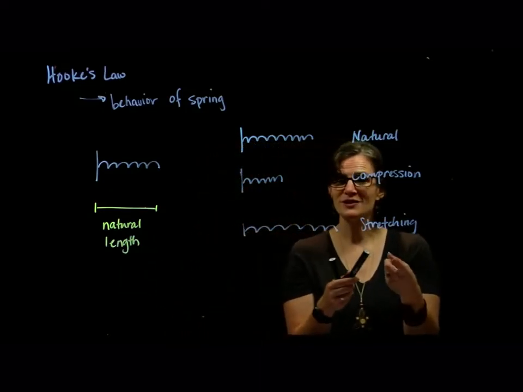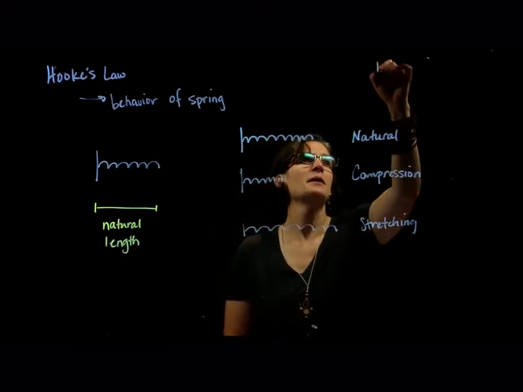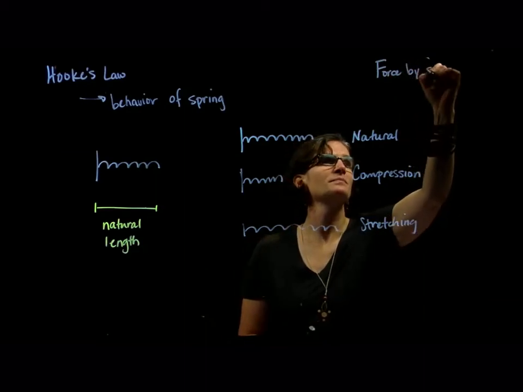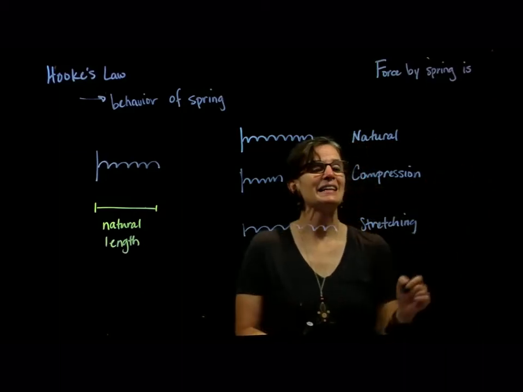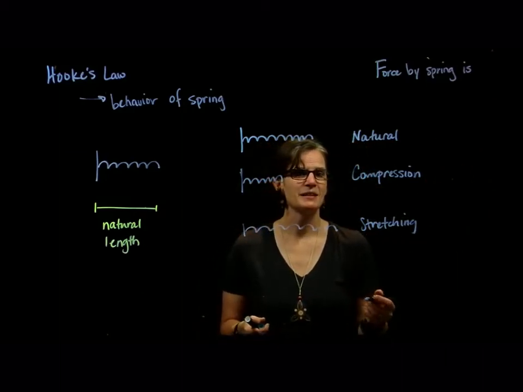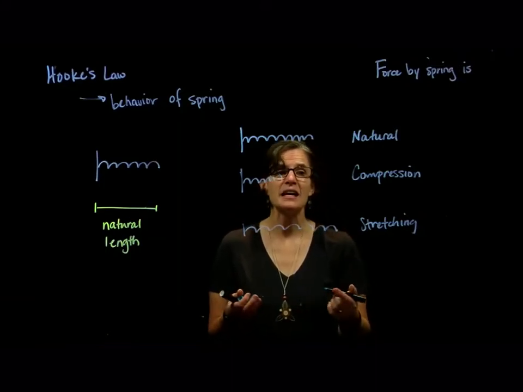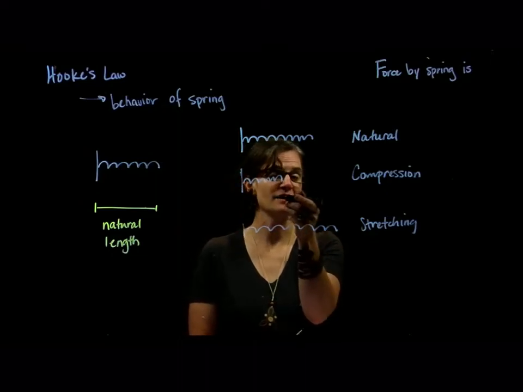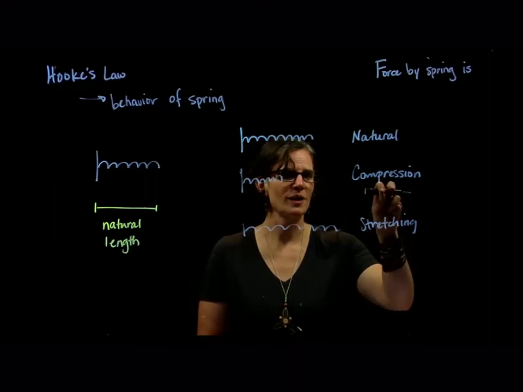So the first thing to think about is that the force by a spring is opposite how we're changing that spring's length. If I am compressing the spring, in this example to the left, the spring is pushing to the right.